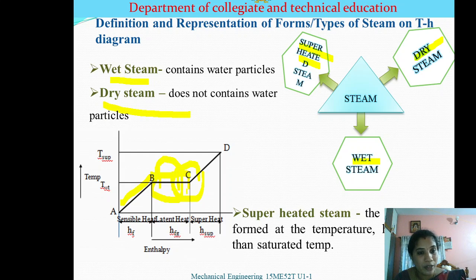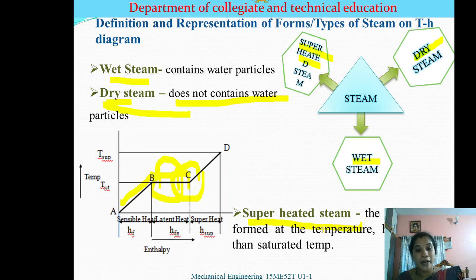The name itself indicates that it is dry. Dry means it does not contain any water particles. The steam which does not contain any water particles and which obeys the Charles law is called what? The dry steam. Understood?